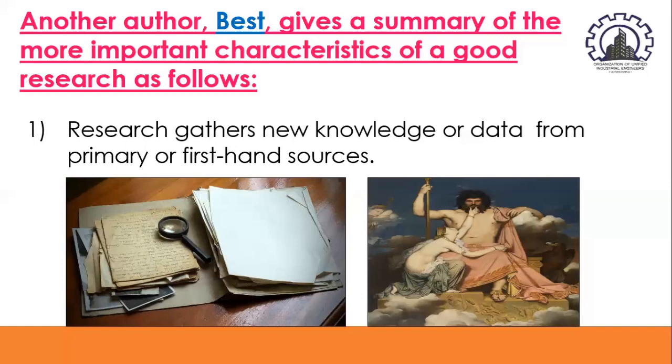Now, another author by the name of Best gives a summary of the more important characteristics of a good research as follows. And first, he said, research gathers new knowledge or data from primary or first-hand sources. What do we mean by this?